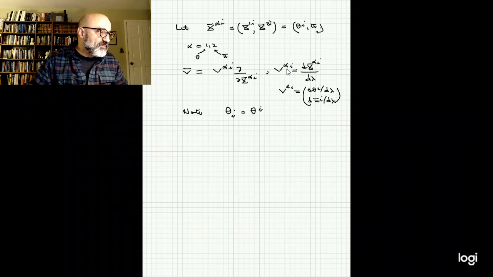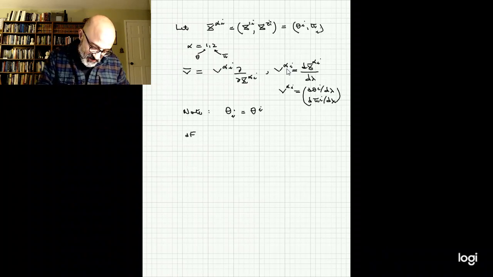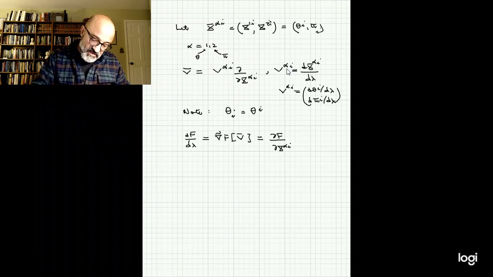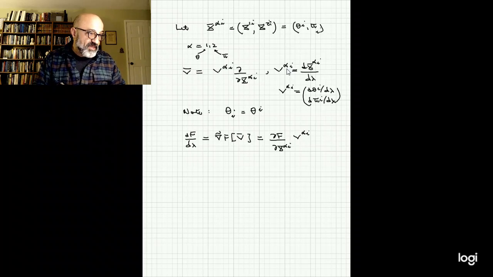I think that we are essentially ready here. We can actually figure out some other expressions, but they're sort of trivial. Like, for example, we can rewrite the d lambda, which is the gradient of f acting on v. We can write this as the d f d x alpha I, which is the components of the gradient, multiplied by v alpha I, right?